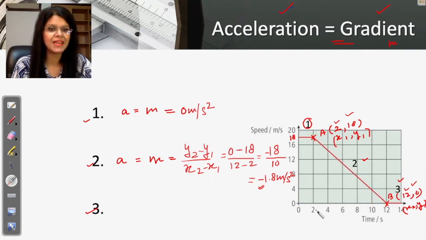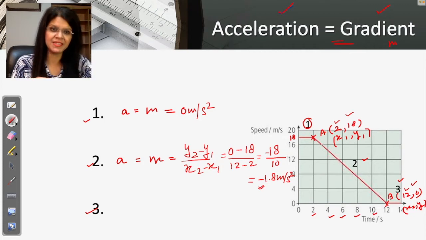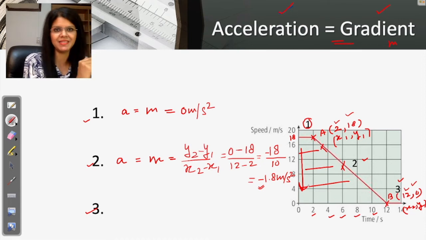Time is moving on, from 2 to 4 to 6 to 8 to 10, but what is happening to the speed? Look at the speed. Speed is going down on the y-axis. You are decreasing in your speed.